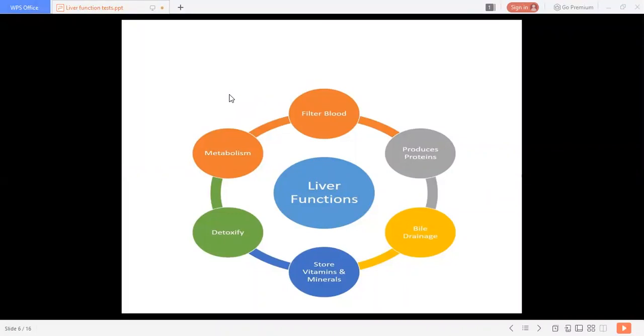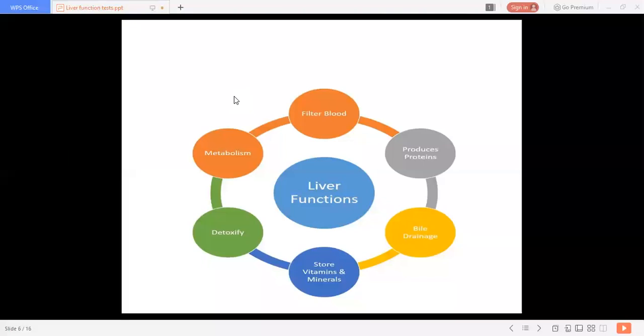gamma glutamyl transferase, GGT, that is GGT levels. This enzyme is largely present in the pancreas, liver, kidneys, intestine and prostate.